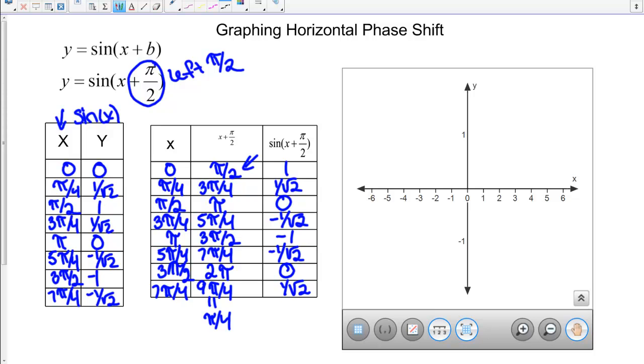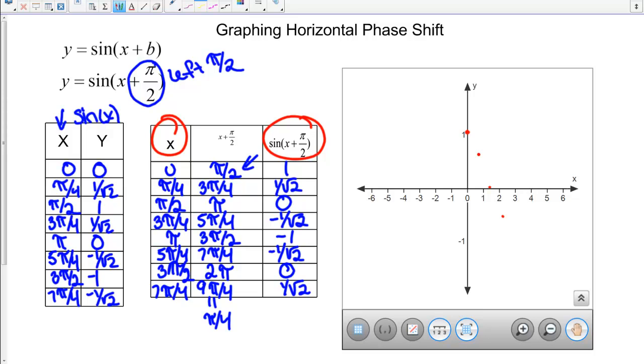So now if we plot these points, we need to remember that we are using our original x's and our new y values. So at 0, we're at 1. Pi over 4, we're at 1 over square root of 2. Pi over 2, we're at 0. 3 pi over 4, we're at negative 1 over square root of 2.